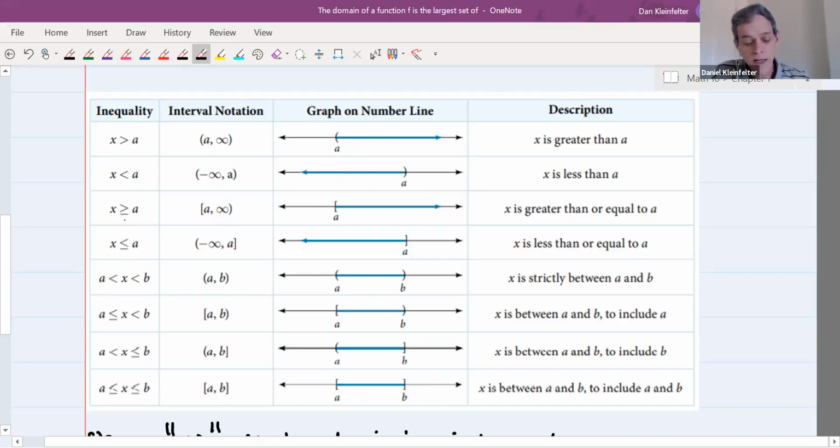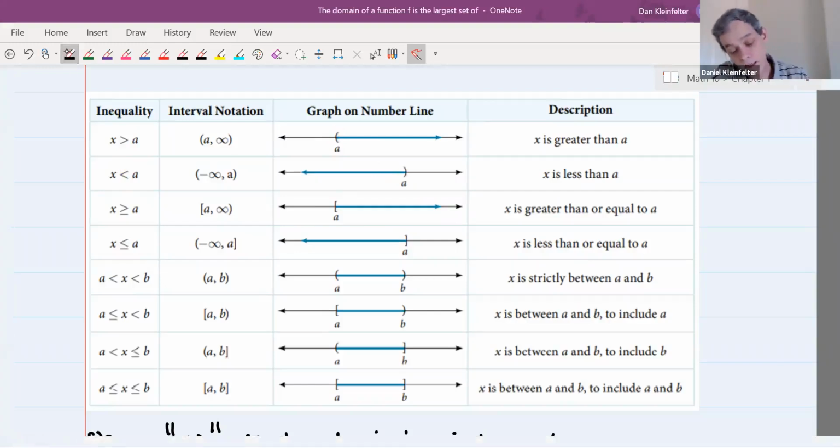In the case where it is either greater than or equal to, or less than or equal to, you'll see that it has a square bracket on the graph. If it is strictly less or strictly greater, you'll see a parenthesis. That's how we tell on the graph whether or not that endpoint is included.